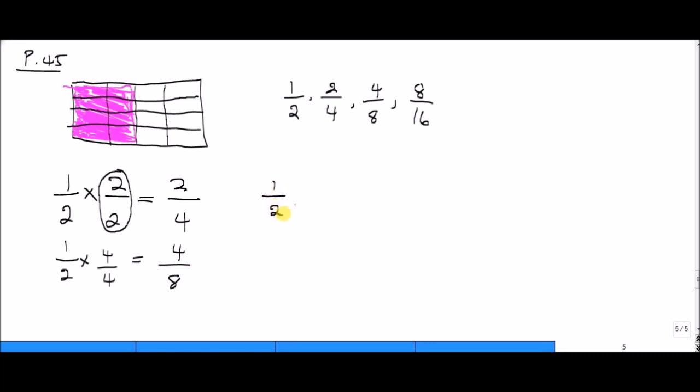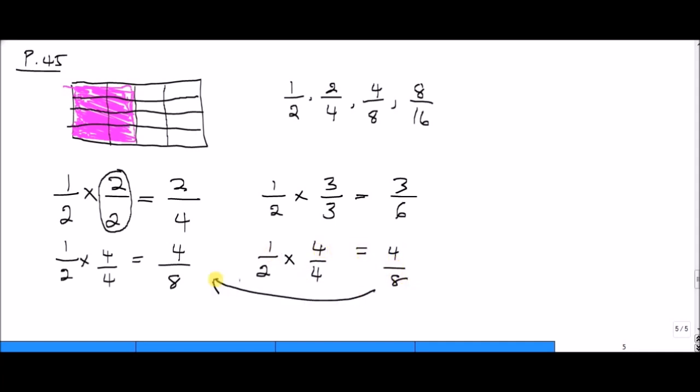A half, we could multiply by 3, coming up with an equivalent fraction of 3 ones, 3 over 3 2s, 6. Again, a half multiplied by 4. 4 ones, 4, 4 2s, 8. We had this one already.